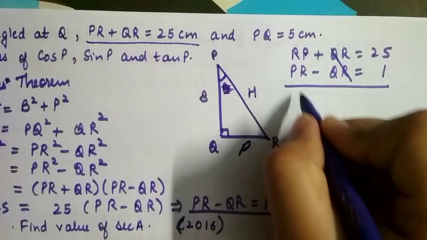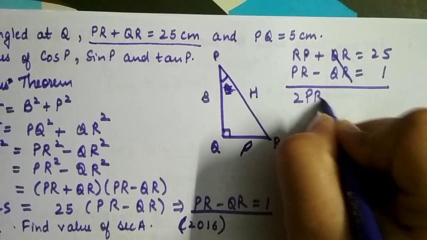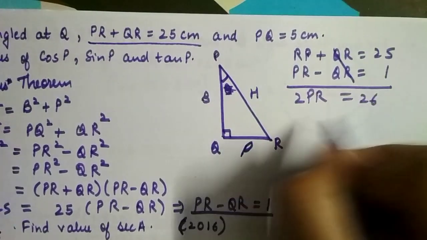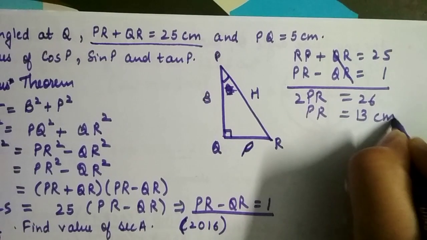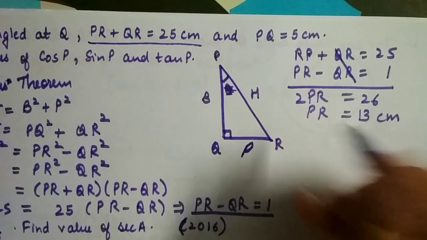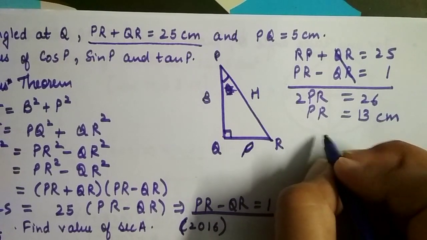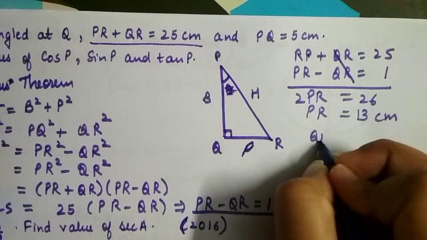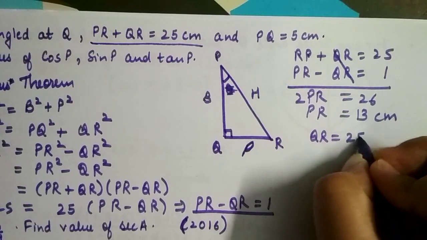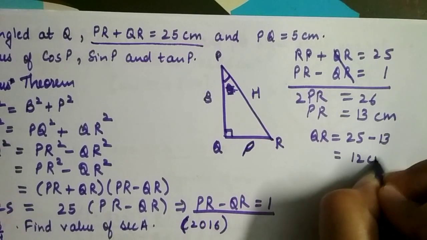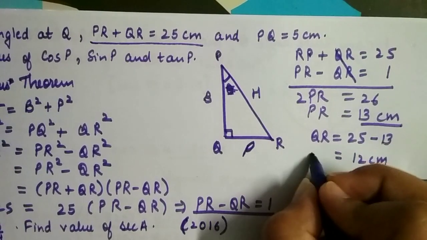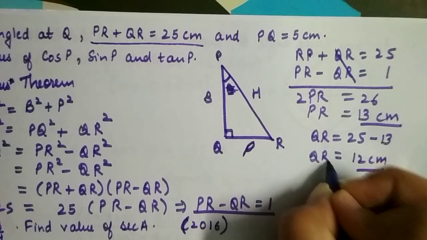Cancel QR, so 2 PR is equal to 26, so PR is equal to 13 centimeter, and put the value of PR in one of the equations. You will get QR is equal to 25 minus 13, that is 12 centimeter. So now you have the value of both PR and QR.